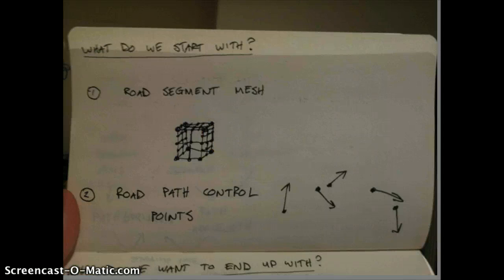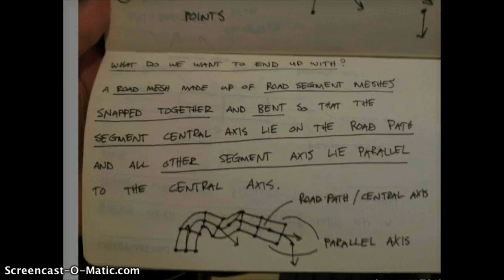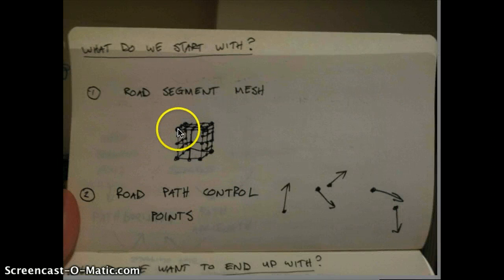Well, this is the idea: every single point on this mesh goes through an axis that's parallel to the central axis. The whole point is that this road path here just defines the line going through the center of this mesh. To figure out where any of these other points are going to end up, I hope you can see the mouse, you just look at the parallel line that goes parallel to the central axis.